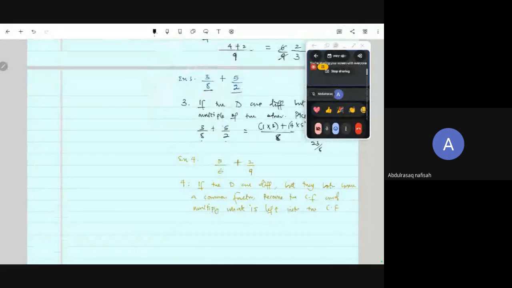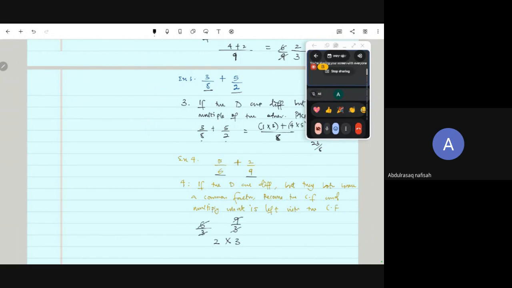Now, 6 and 9 are not the same thing. Are they the same thing? No. But they have a common factor. What do you mean by common factor? There's a number that can divide 6 and divide 9. Hold on, 3. Remove 3 from 6, you have 2. Remove 3 from 9, you have 3.